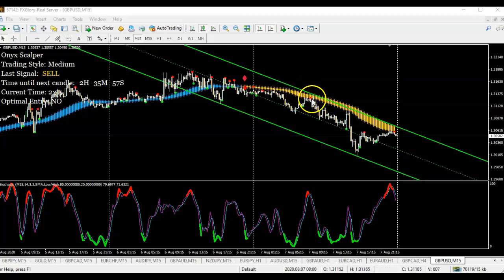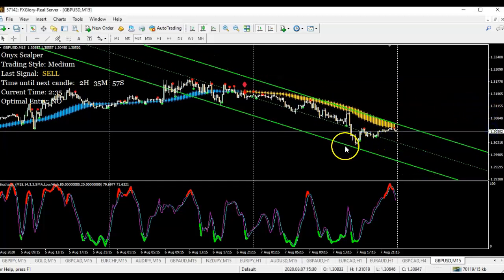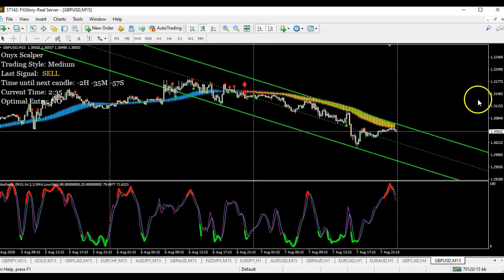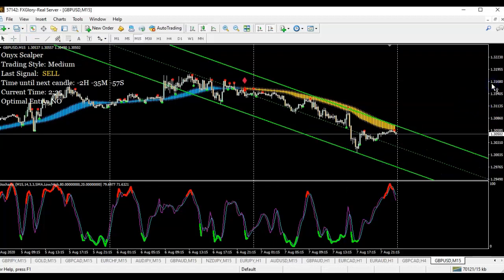So this is a selling trade. And staying in this trade, you could stay in this trade all the way down to the bottom of the jackhammer channel, which is here. That would have been the exit, and that was about 83 pips. So again, this is a very powerful technique using two indicators.